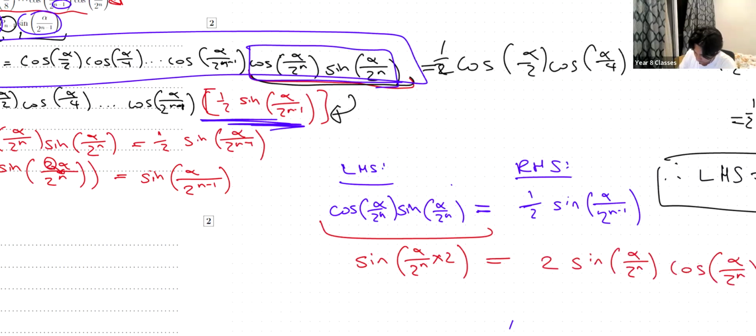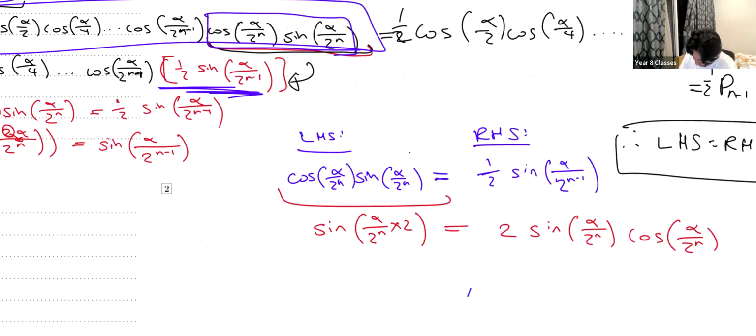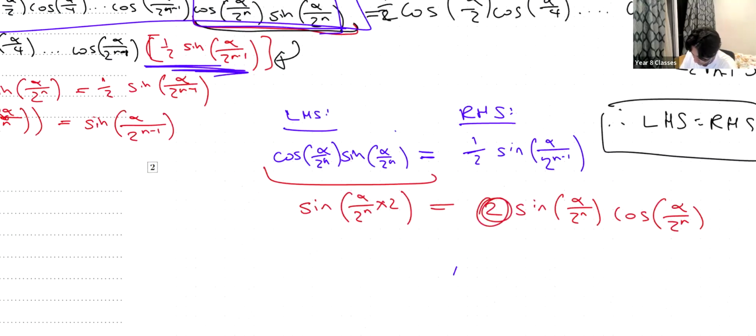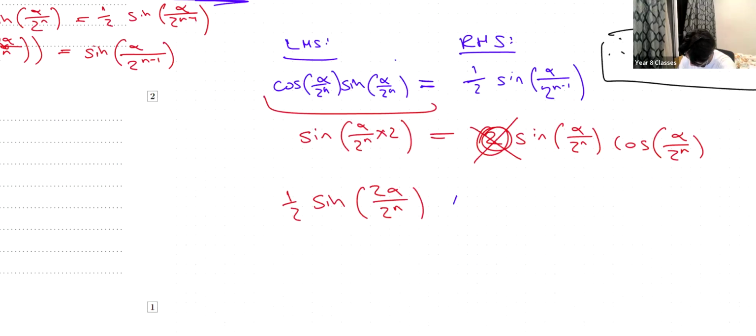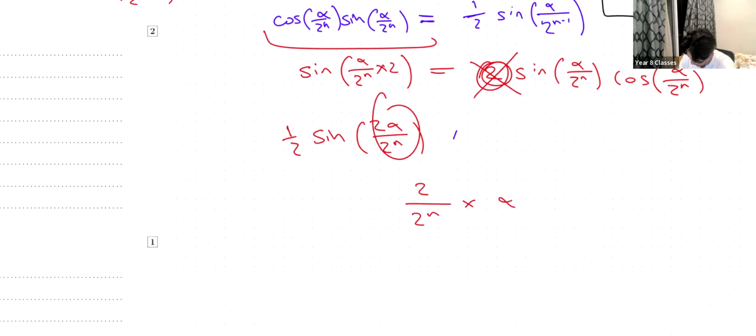Except I don't have a times 2 at the front, so I just took a half sine 2 alpha on 2n instead to get rid of this 2. Okay, and then within here, I have 2 on 2n times alpha. So I can just absorb this 2 down here as a 1 on 2n minus 1 times alpha. Does that make sense?